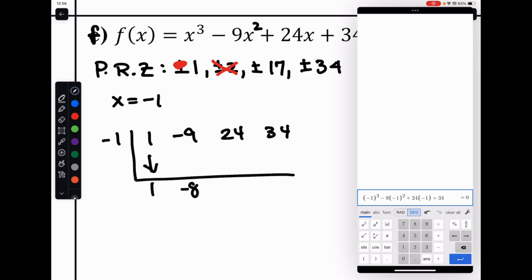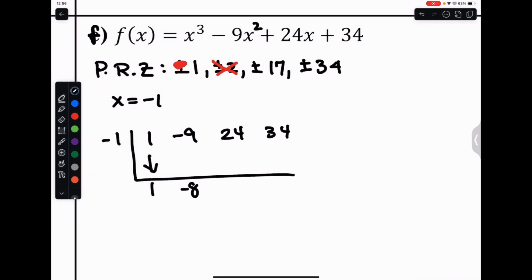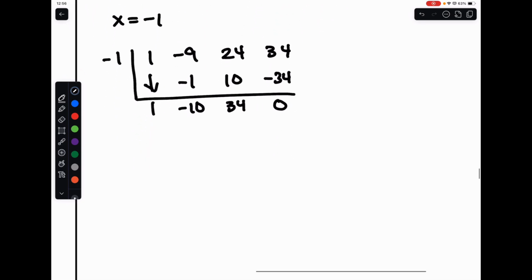So let me fix that. Okay, so -1. That will give us -1, which changes this to -10. So a +10, which is 34, and -34, that does in fact give us 0. I wasn't getting 0 because I messed up and put the wrong number. So x equals -1.